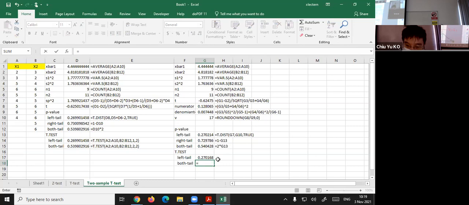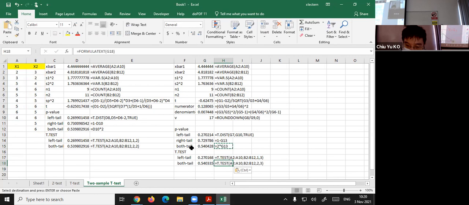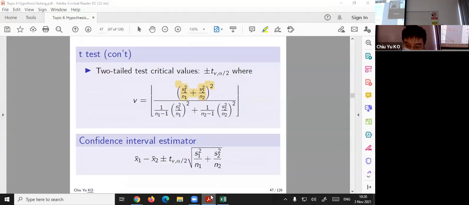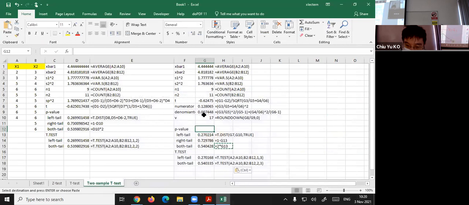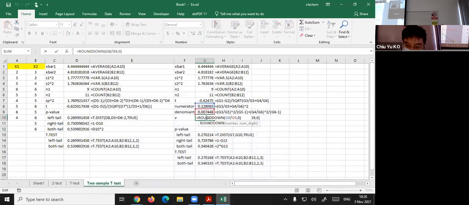And we have the t-test, 1 tail, 2 tail. So the only difficult part is this guy.